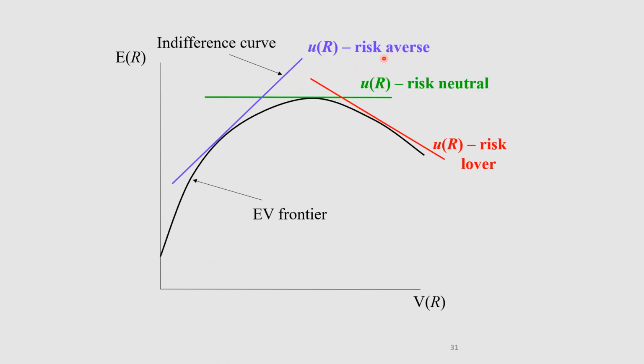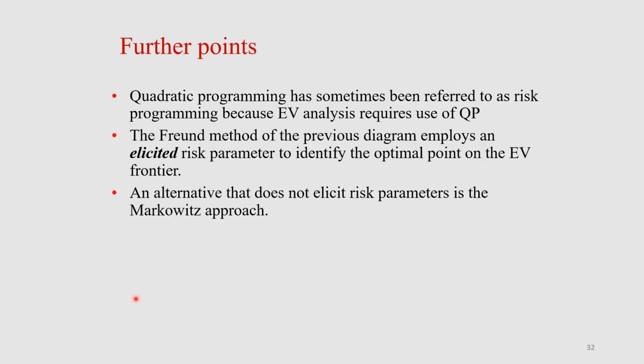With a risk-averse person, we get an indifference curve that is represented by this blue tangency. With a risk-neutral person, it's represented by the green tangency, and with a risk lover, the red. So you'll see that the choice that one makes depends on what their risk attitude is going to be.